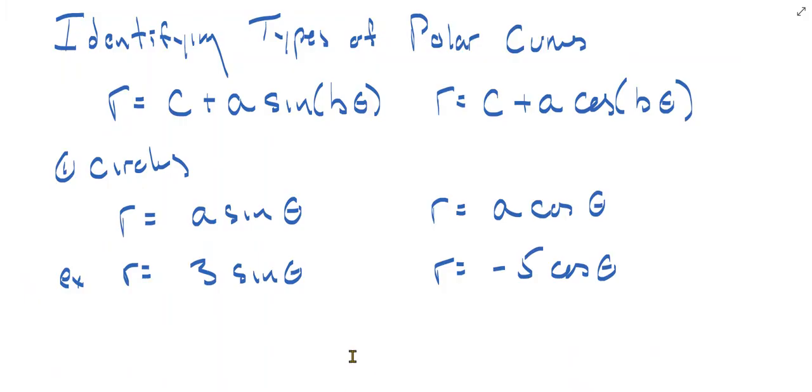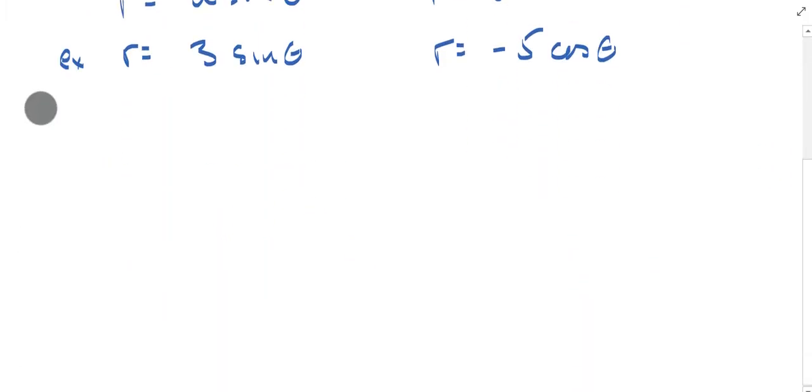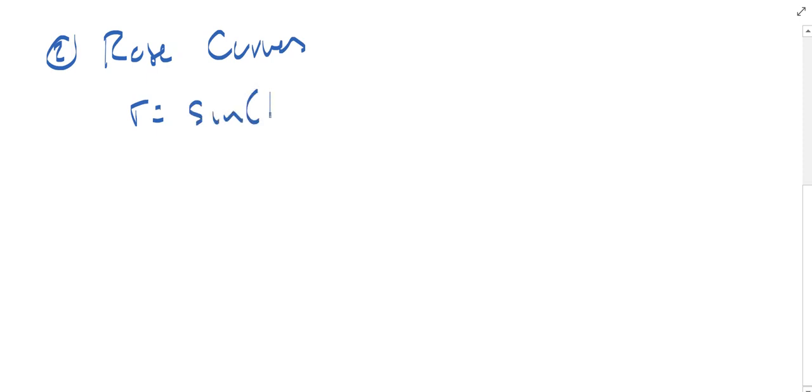Next up, we want to take a look at what are called rose curves. So rose curves are of the form r is equal to the sine of b theta, r is equal to the cosine of b theta.